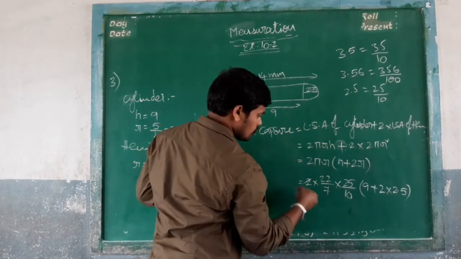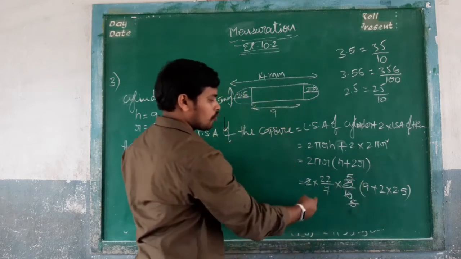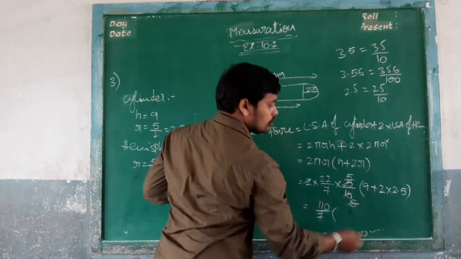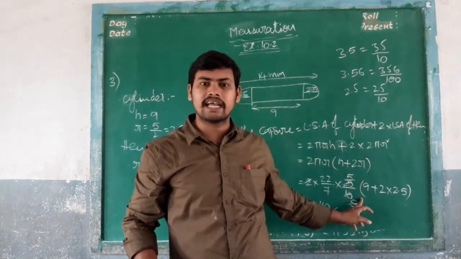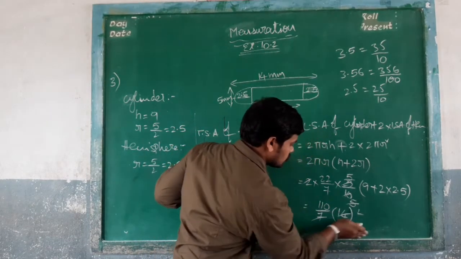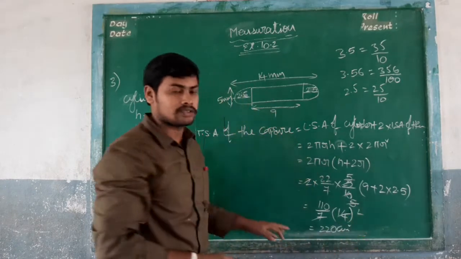So there is no cancel. 2 in 10, 5 times; 5 in 25, 5 times. 22 times 5 is 110 by 7, into 5 plus 9, 14. 7 in 14, 2 times. 110 into 2 is 220 centimeter square.